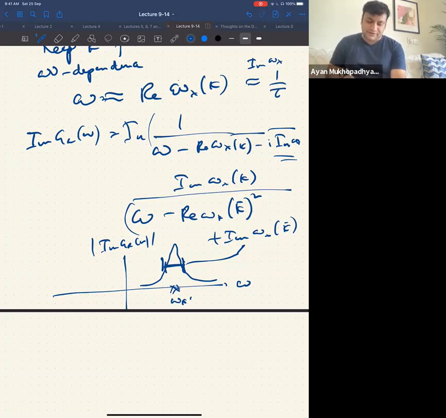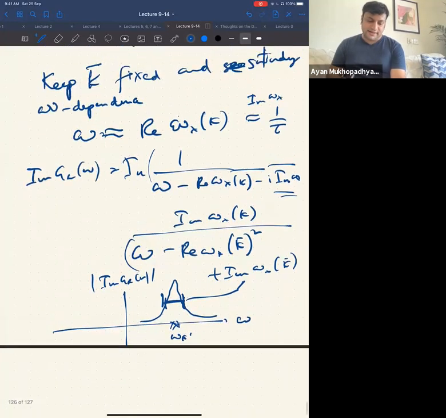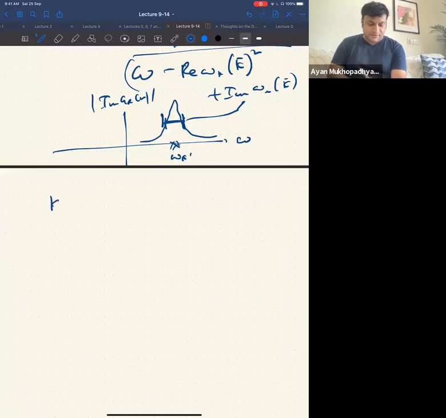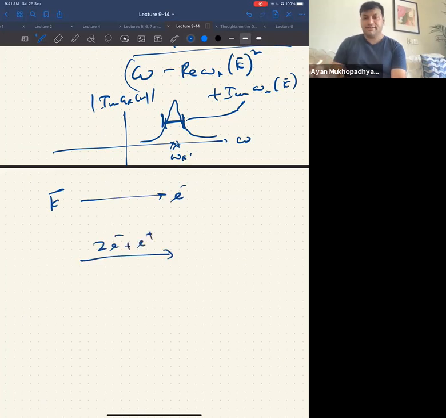So the smaller the width is, the longer-lived the particle is, and the broader the width is, the more short-lived the particle is, right? So this is what to expect. However, suppose the response is carried not by a single electron, but rather by 2 electrons and a hole. Suppose the responses can also be carried that way.